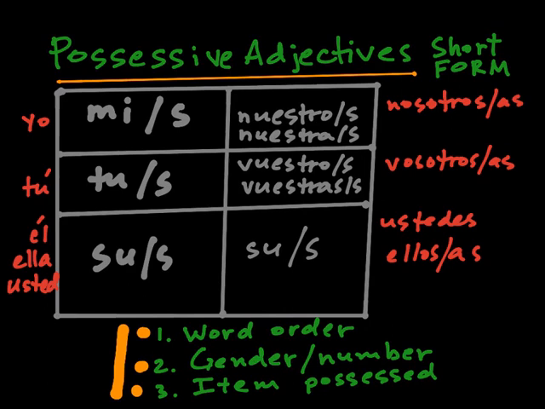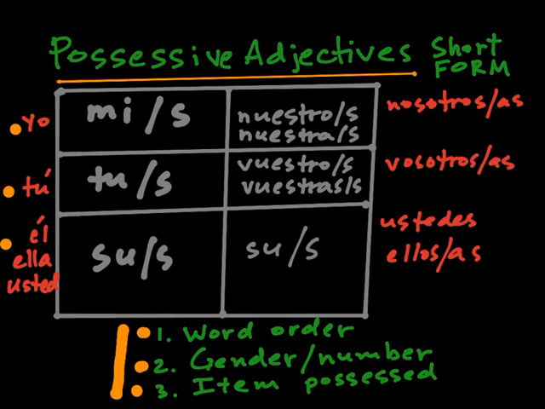So you have here subject pronouns, yo. Possessive is mi or mis for plural. Tú, you informal, tu or tus for possessive adjective, yours. Él, ella, usted: su and sus, he, she, you formal, it will be his, hers or yours if it is sir or madam.